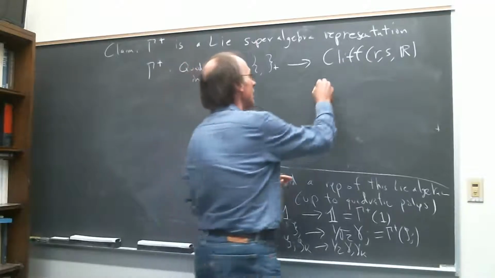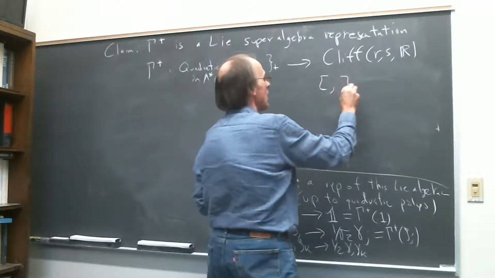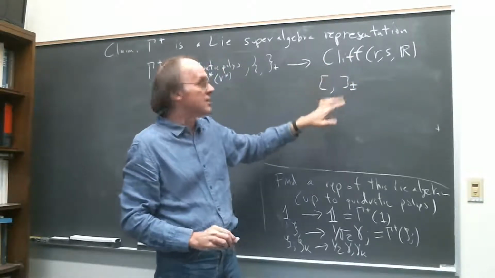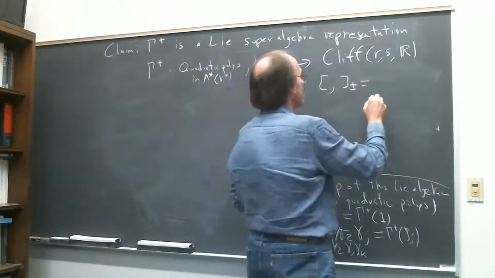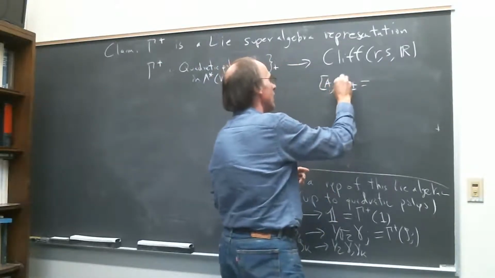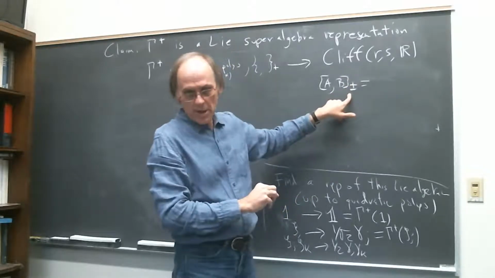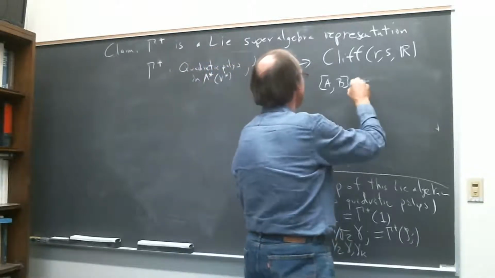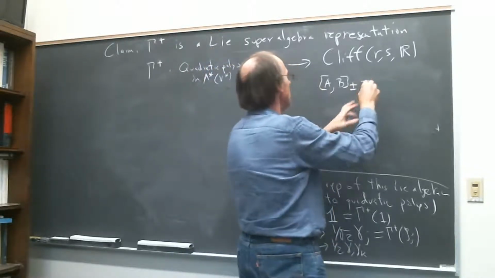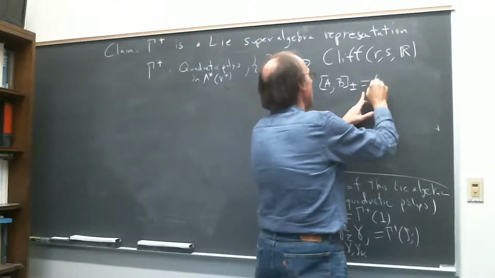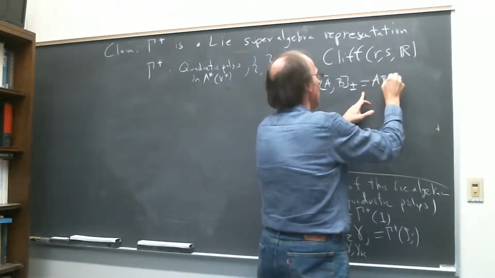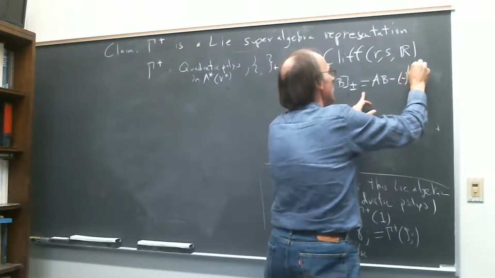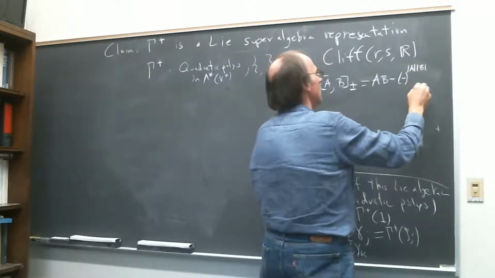It's the super Lie bracket of Clifford algebra elements, and you deal with the sign problems by taking AB minus, with a sign, BA.